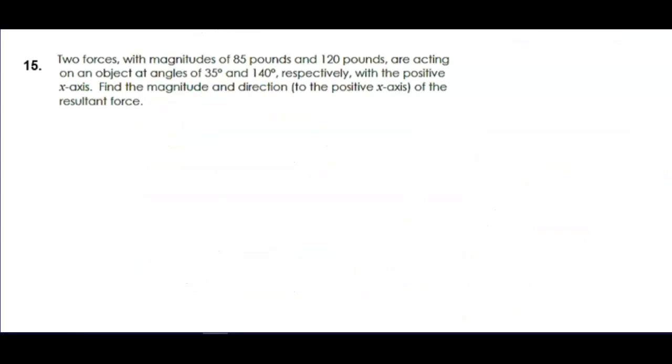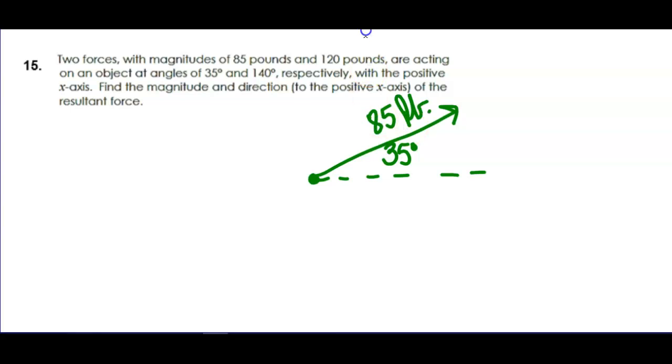Two forces with magnitudes of 85 and 120 are acting on an object at angles of, okay, so there's an object here, and one is pulling at 35 degrees at 85 pounds of force, and the other one is pulling 120 pounds of force, but it is pulling this direction at 140, again off the positive x-axis, so we're in luck, nothing tricky about this one, which is what I put on the quiz, okay?